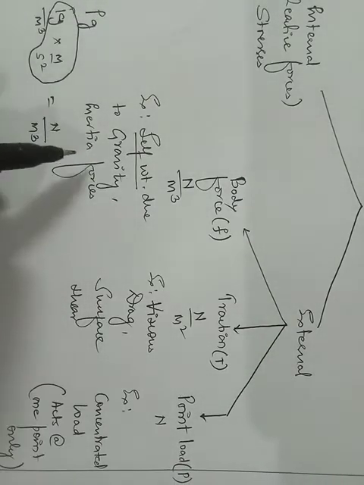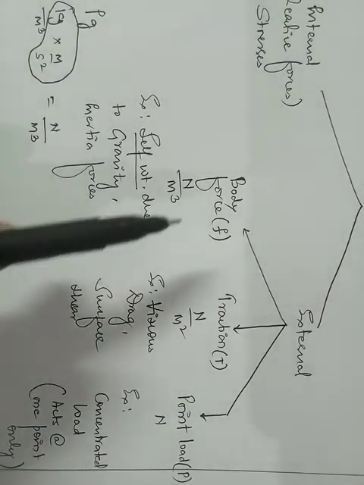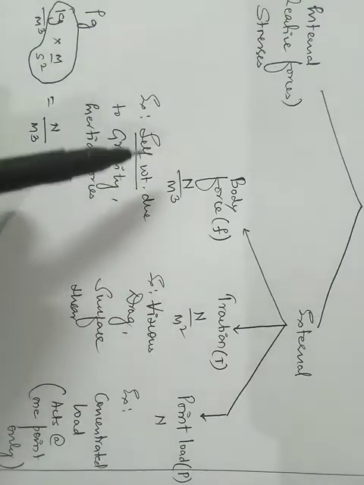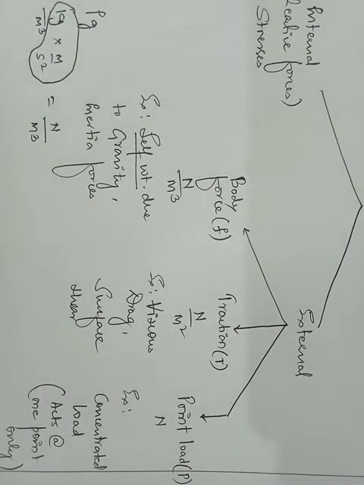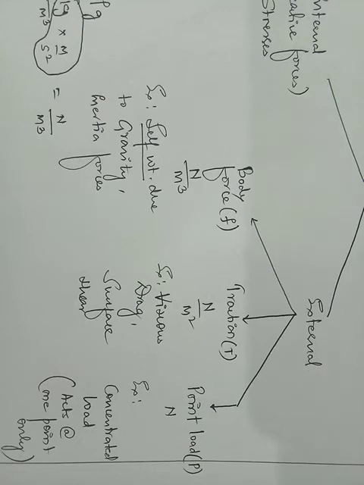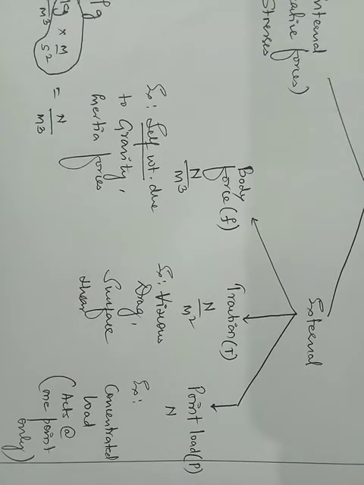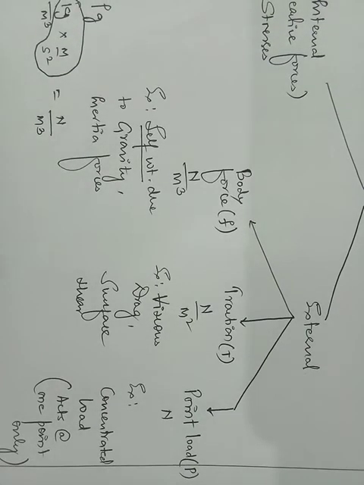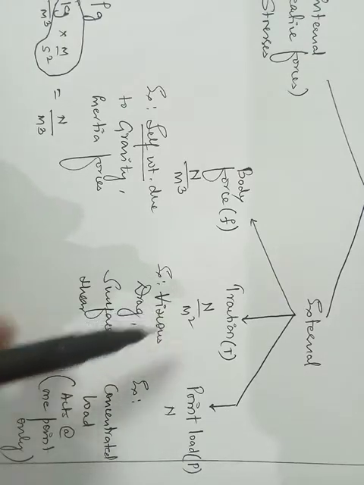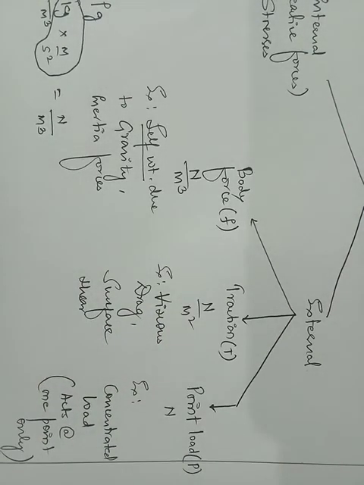Next comes inertia force. Inertia force also comes under body force, which acts on an elemental volume. The second type of force is traction force, designated by T. Unit will be Newton per meter square. An example is viscous drag.